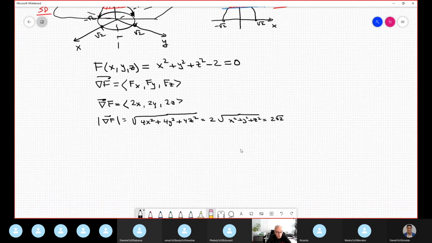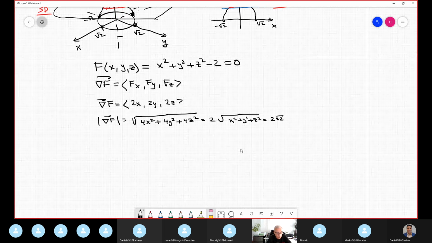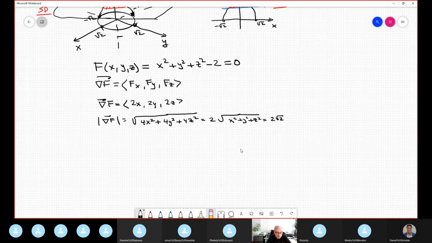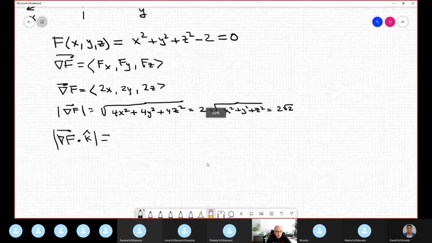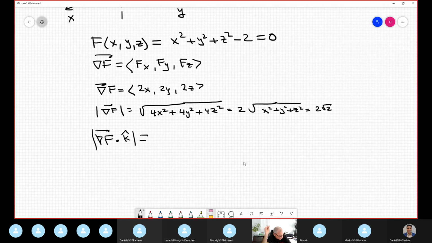Do you follow me? And remember the formula. The formula says you divide the magnitude of the gradient by the component in k magnitude. Because we are projecting onto the XY plane. How do you know? Well, it's the most common projection, no?